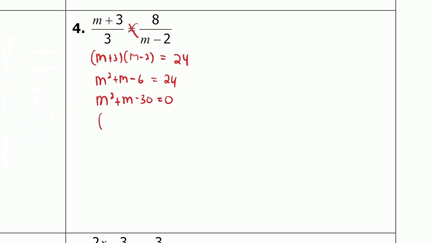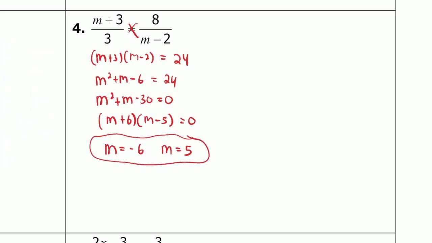And that will factor to m plus 6 times m minus 5 is equal to 0. So then m is going to equal negative 6 and also equal a positive 5. And again, each one of these will not make my denominator equal to 0. So those two should work as solutions.